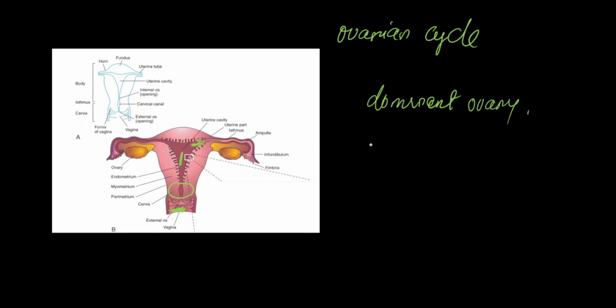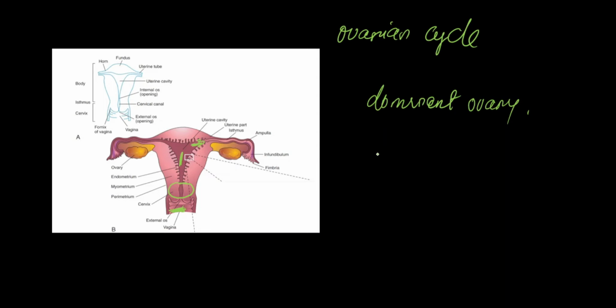Now, it's important for us to take note of the fact that during the ovarian cycle, we have the dominant ovary. In a woman, there are two ovaries. A woman has a pair of ovaries, one on each side of the body. It's a bilateral structure. During each ovarian cycle, there is the dominant ovary.